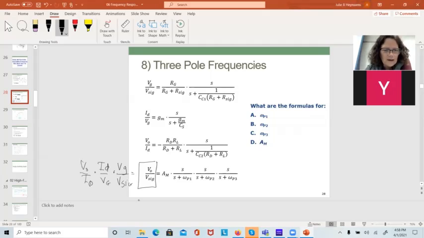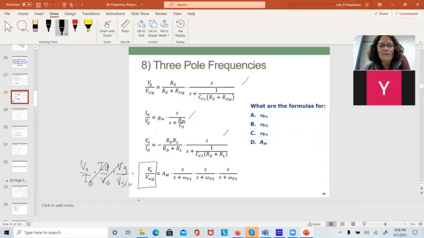And if I do that, my IDs cancel out, my VGs cancel out, and I get V out over V sig. So this expression is these three things multiplied together. Disturbing, yes. Now, the way we're going to analyze this is kind of way easier than it looks.